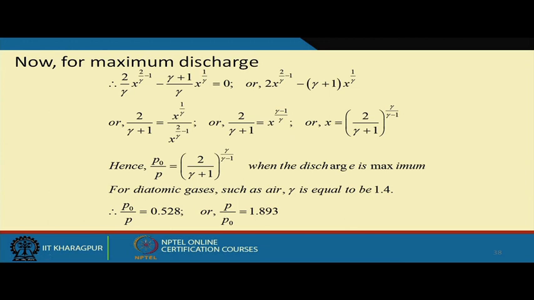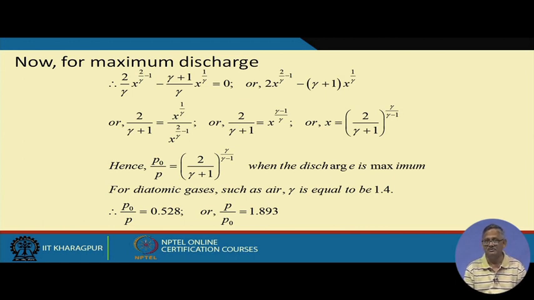Why? This P0 by P, that is pressure at the tip to the pressure at the inlet, this ratio is 0.528. And if you remember, we said that when the discharge is maximum, the condition was dW by dP0 is 0, right?